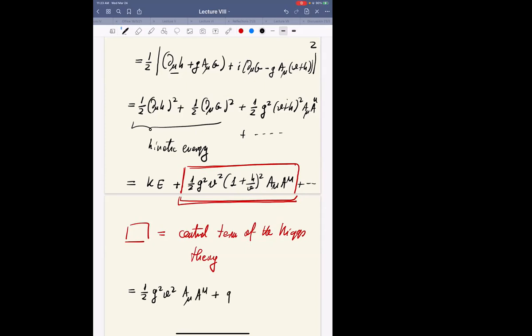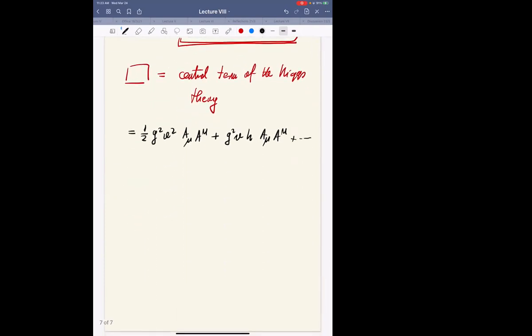Then there is g square v h A mu, and then there is a quadratic piece, which I'm not interested in. There are various terms here that we'll be studying in the days to come, but now we are after the essence. What is the first term?